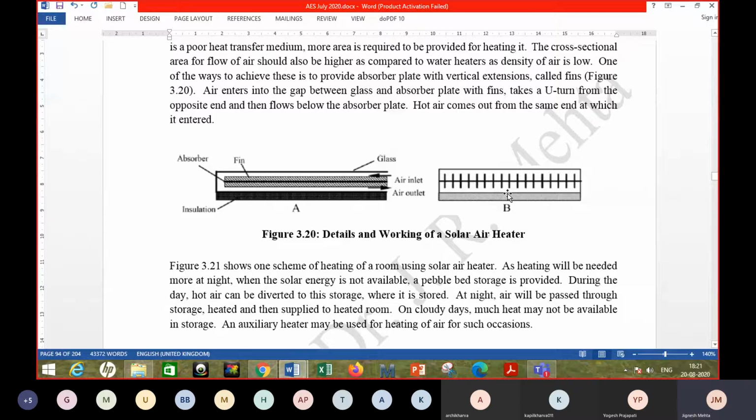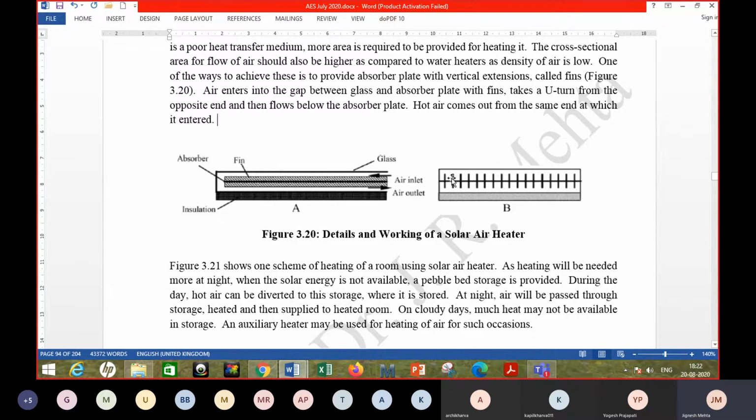So basically it's giving two views of the cut section of the solar air heater. What you see is A, you can say it is a sectional front view, and B is, let's say, a side view.